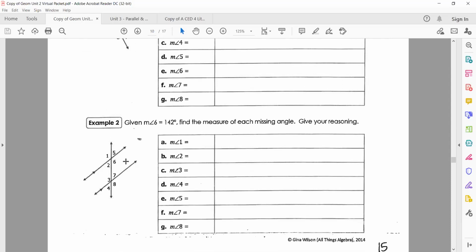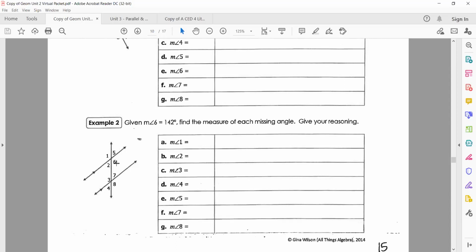Visually you can check yourself too, because if angle 6 is 142 degrees, automatically I know that angle 1 is 142 degrees because of the vertical pair. I don't need to know anything about corresponding or anything else. In fact, both of these first two problems I can pretty much solve just knowing the definitions for vertical angles and linear pair.